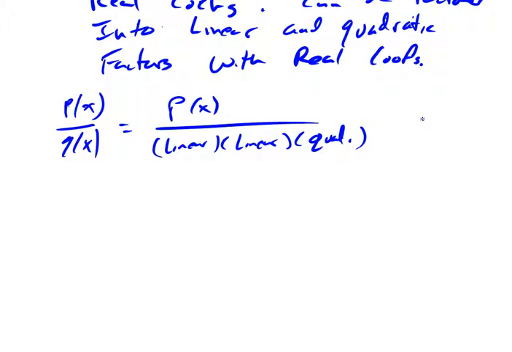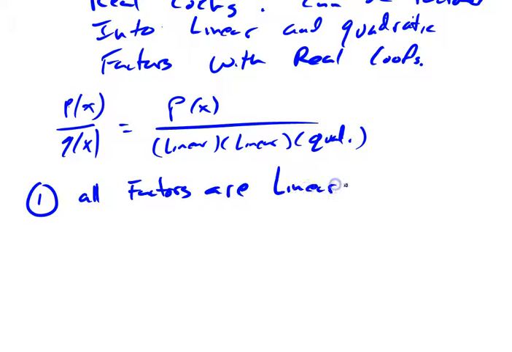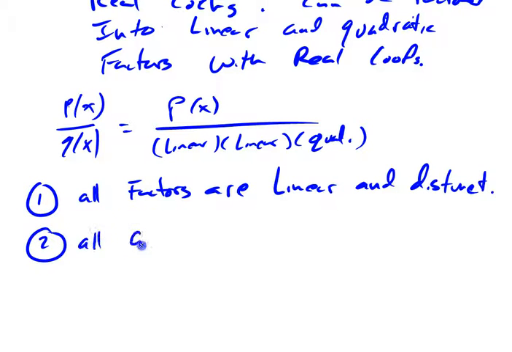So there are essentially three situations we find ourselves in. One, all the factors are linear and distinct. By that I mean the factors are all different from each other. Two, they might be all linear but not distinct. Might be some factors the same.